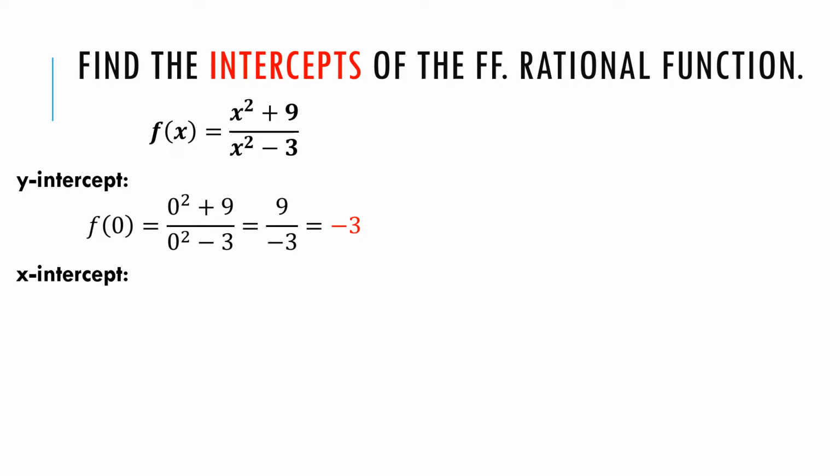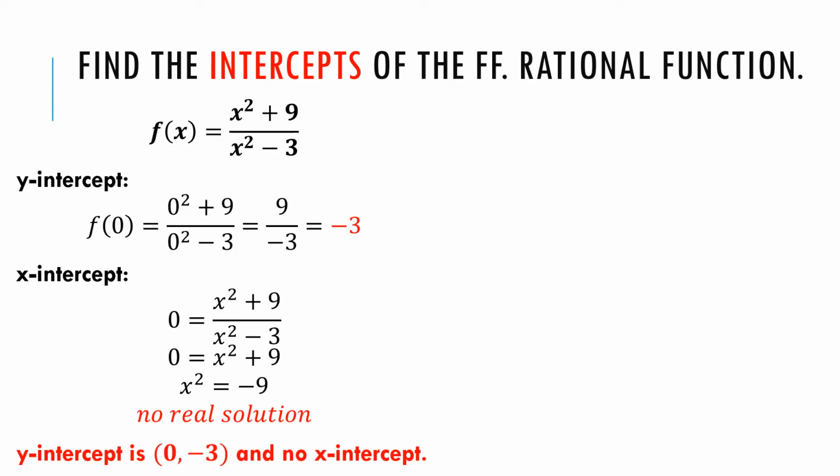For the x-intercept, ganyan lang siya and then cross-multiply. Naging 0 equals yung numerator na x squared plus 9. Paano yan siya? Okay, gawin natin ganyan. X squared equals negative 9. Okay, para x na lang matira, kunin natin ang square root ng both sides.